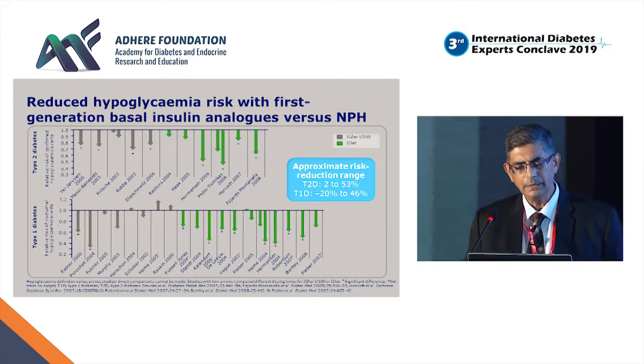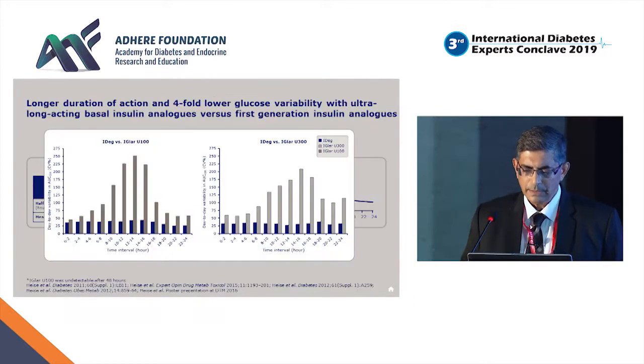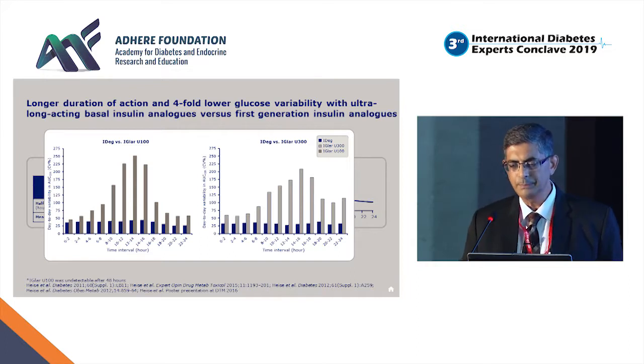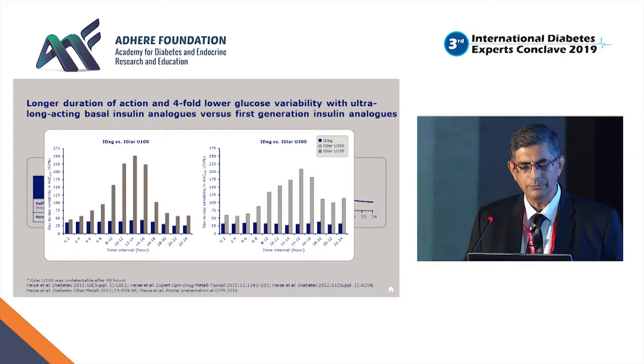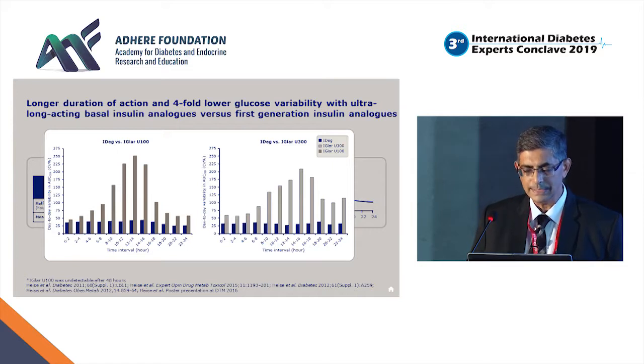Now, when you compare all the newer insulins against NPH in terms of hypoglycemic occurrences, all the new analogs are perhaps better in terms of their action or hypoglycemia rates when you compare them with NPH insulins. As I just talked to you about, I'm not going to repeat that again. You've got similar data when you compare U100 versus degludec in terms of the action profiles or occurrences of hypoglycemia.